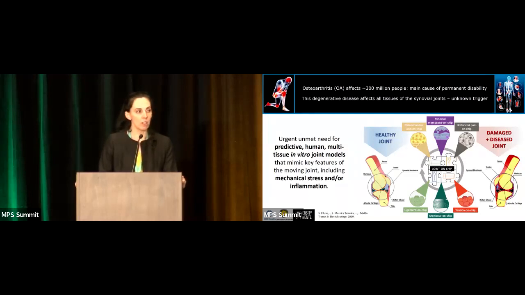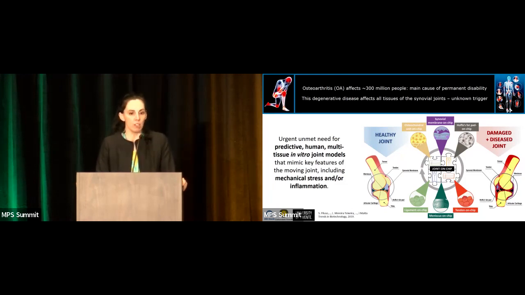Osteoarthritis affects a huge number of people worldwide, basically 1 in 10 people. We will most likely not die of it, but we will be highly disabled in terms of mobility. So the incidence is quite severe, as well as the damage that it causes in society.